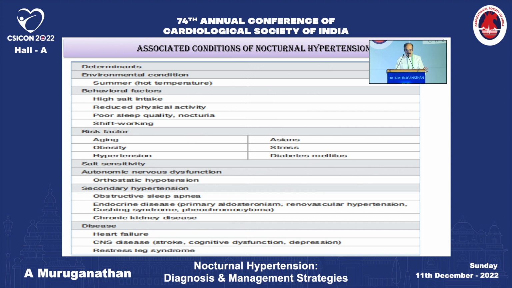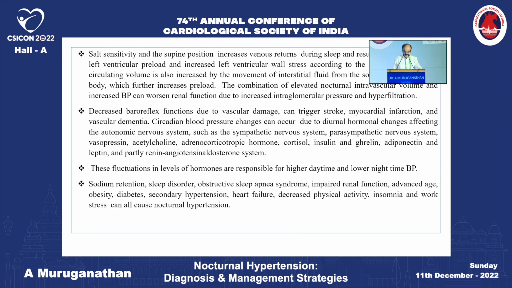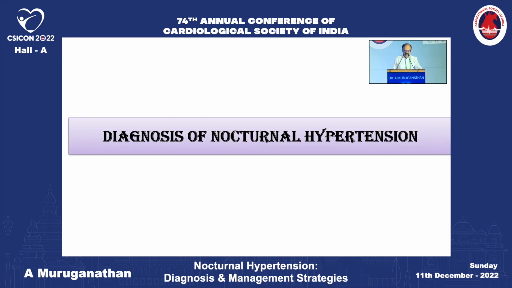Environmental: summer is known to have nocturnal hypertension. Behavioral factors like high salt intake, reduced physical activity, poor sleep quality, nocturia, and shift working. Of course, I've already told you about that.